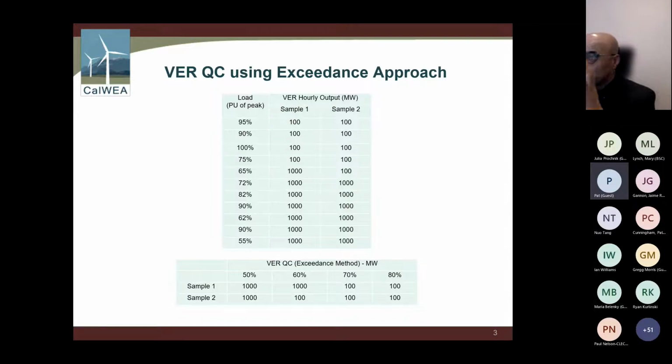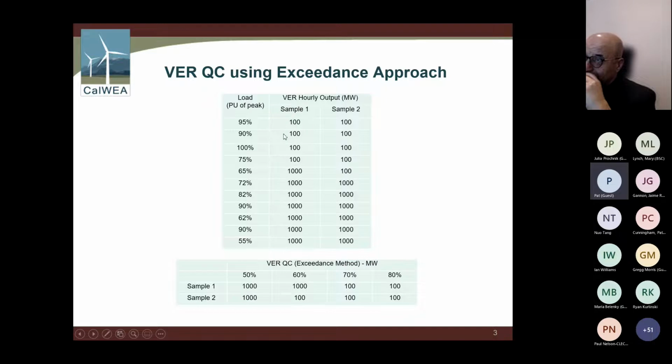So if, for example, we pick 60% exceedance for any resource, and we had these kinds of samples, again, this is just to exaggerate the issues with exceedance. We can see these two samples are not much different, but in one sample we'll see 1,000 megawatt as the qualifying capacity of the resource, and in this sample we see only 100 megawatt.